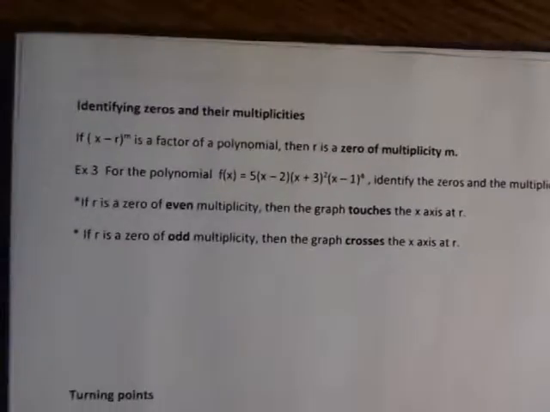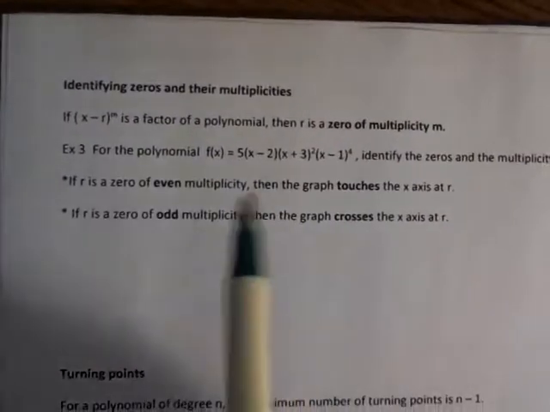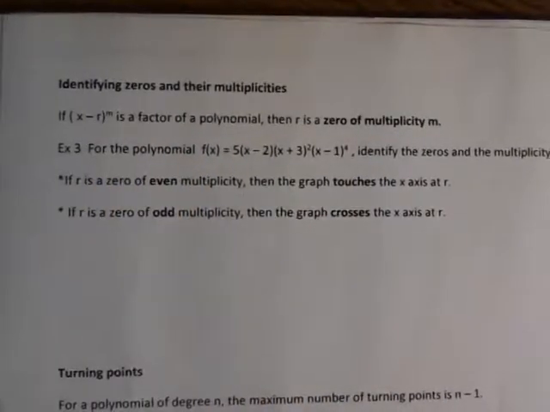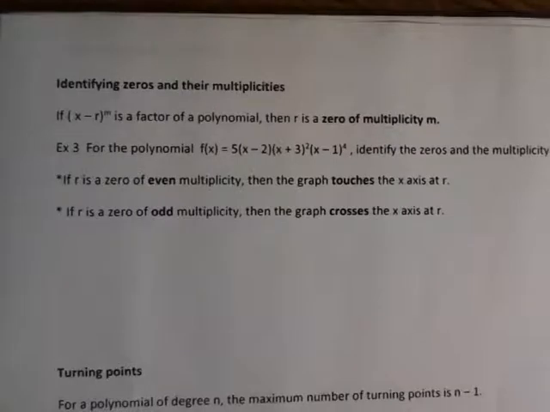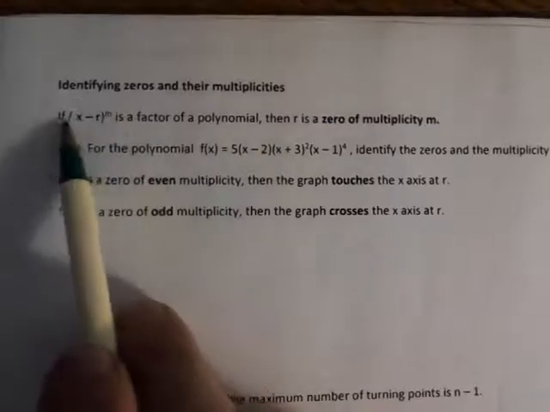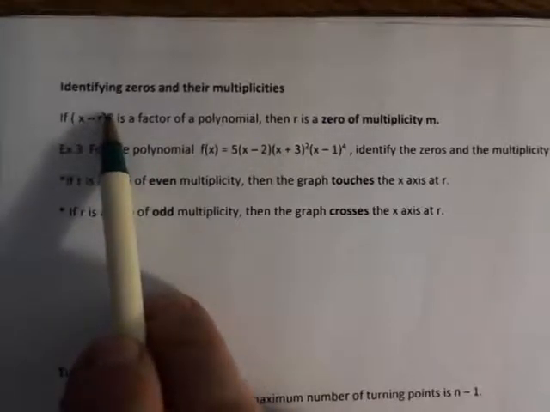All right. The next topic is zeros and what we call their multiplicities. The multiplicities are pretty much what the exponent is, whether it's an even or an odd exponent. Most of the time, it's going to be a 1.